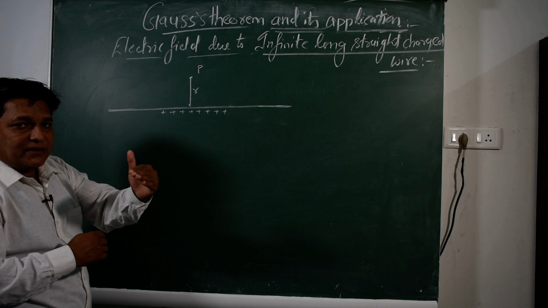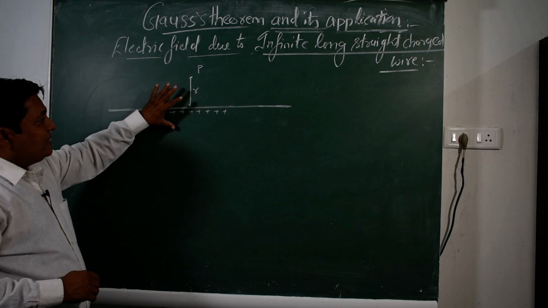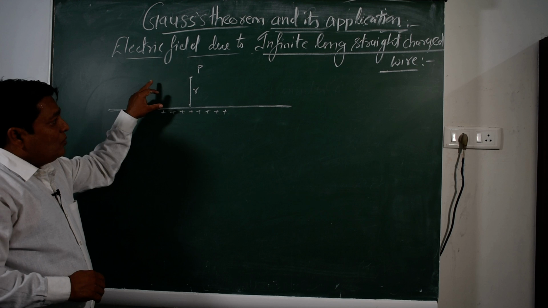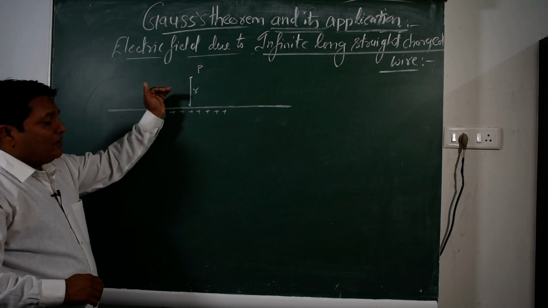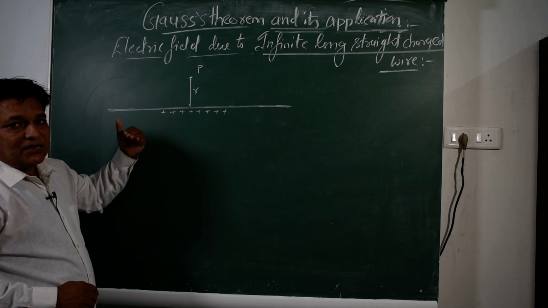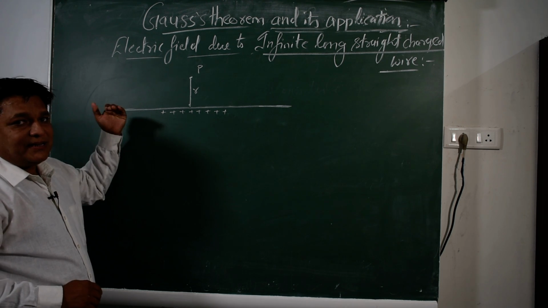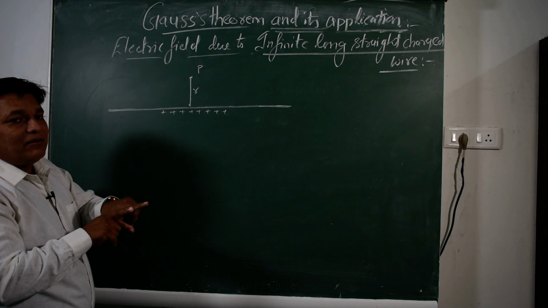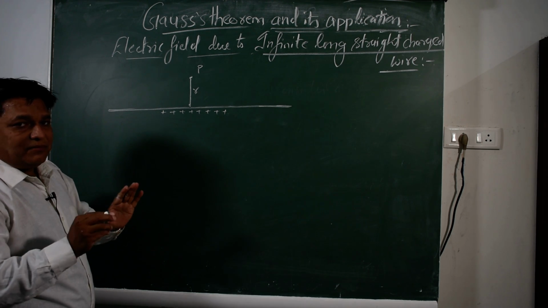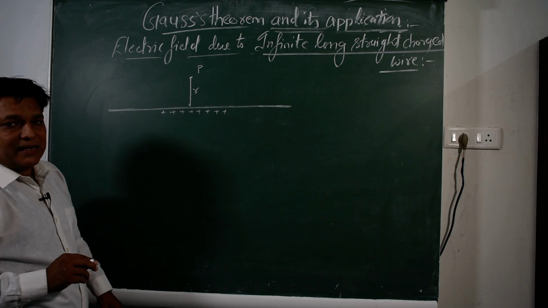This is the condition for it, and the electric field over the surface should be fixed, meaning uniform, and its direction will be perpendicular to the area, or parallel to the area vector. This means a symmetric figure should be there.